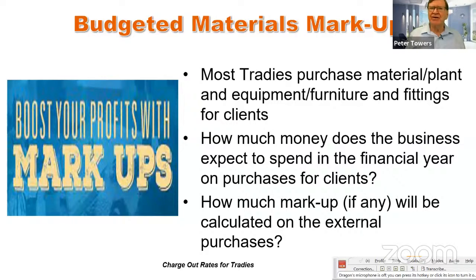They normally organise to buy it. So someone goes through the catalogues, finds the products, makes the phone call or sends an email or does some sort of message to the supplier and purchases and pays for it on the tradie's credit card or bank account or whatever.